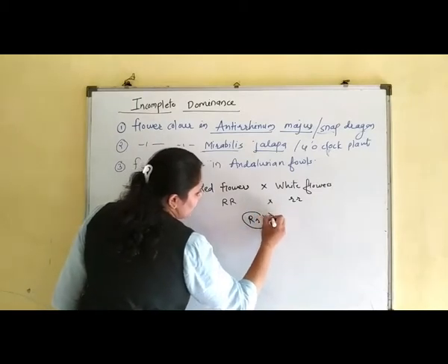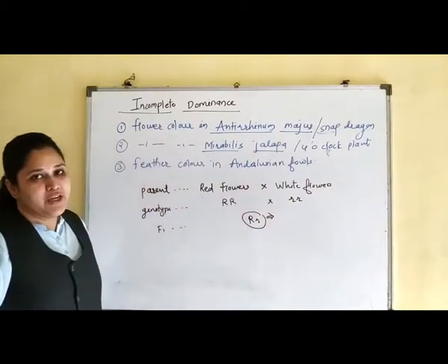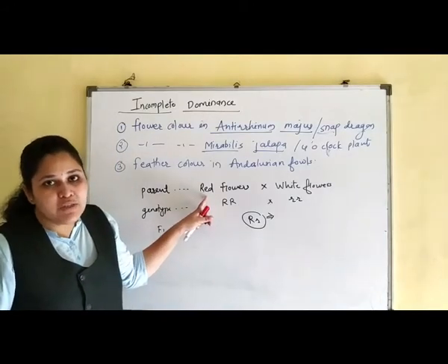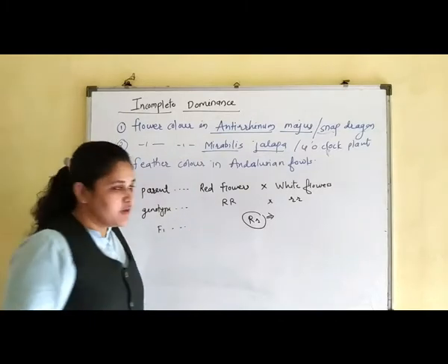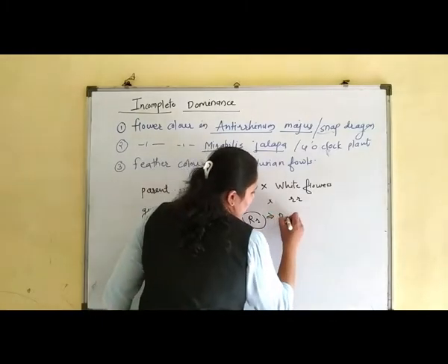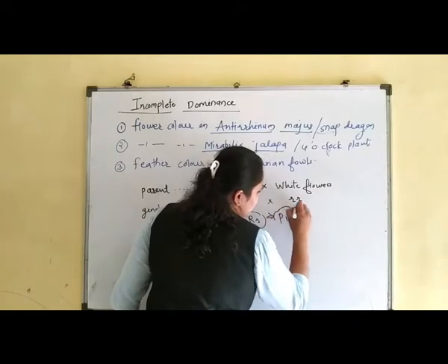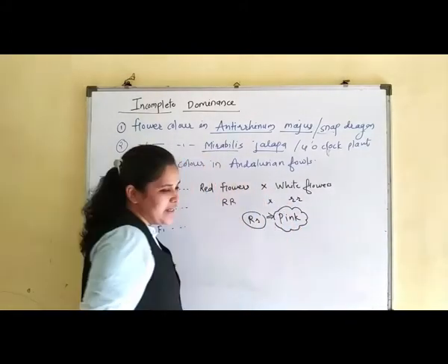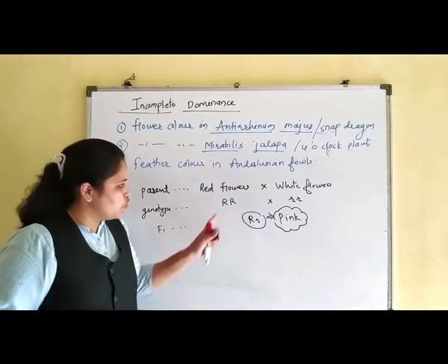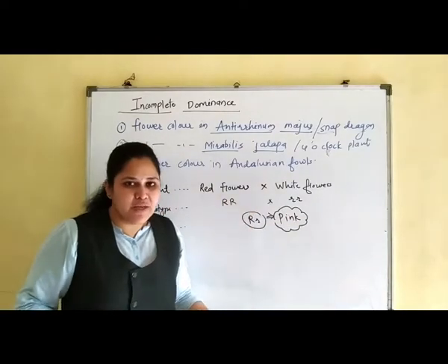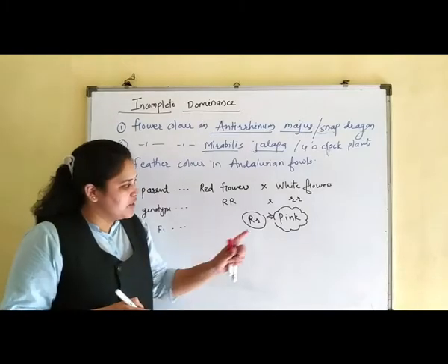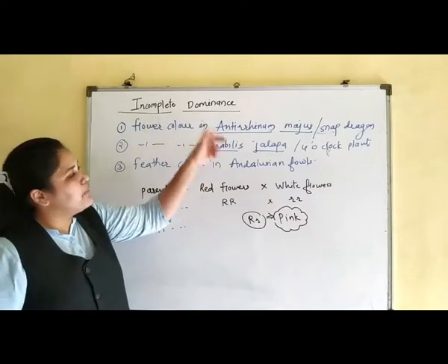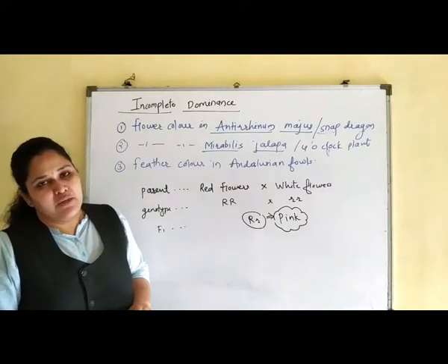According to Mendel, all F1 should possess red flowers, but here all flowers in the F1 generation show pink coloration. So this is the intermediate phenotype between red and white. Red is not fully expressed, but the intermediate shade, pink, is expressed. This is known as incomplete dominance or intermediate dominance.